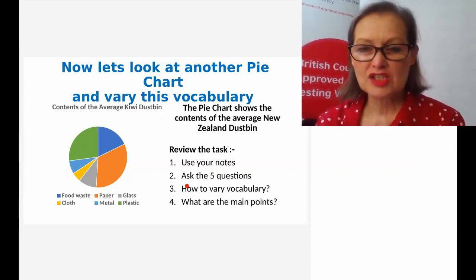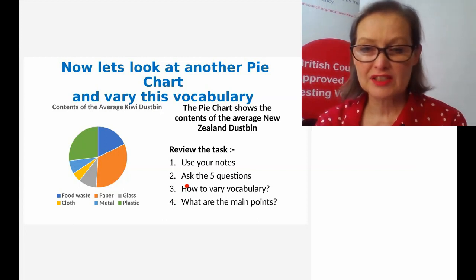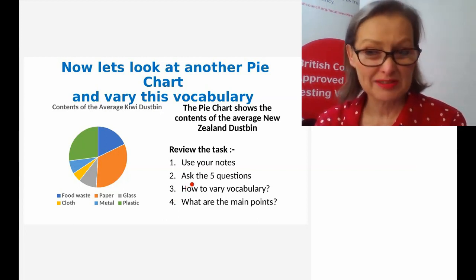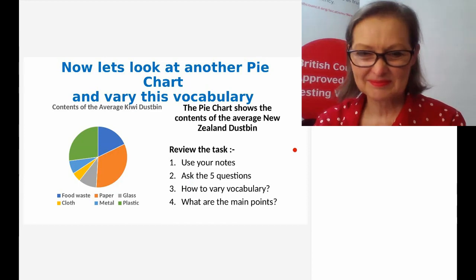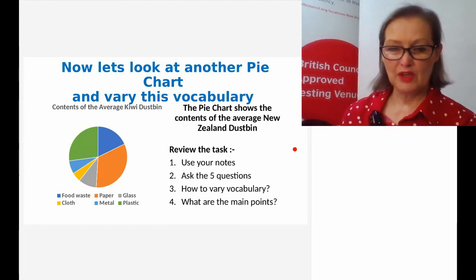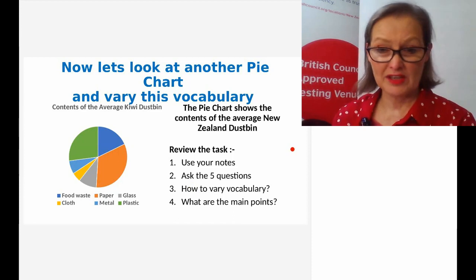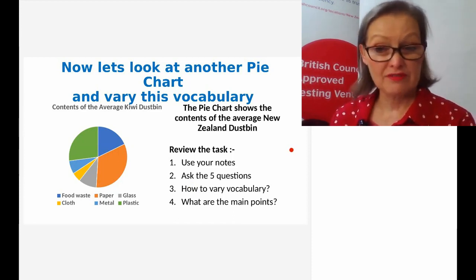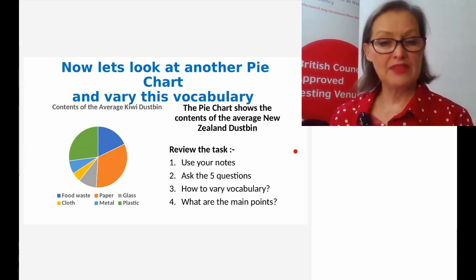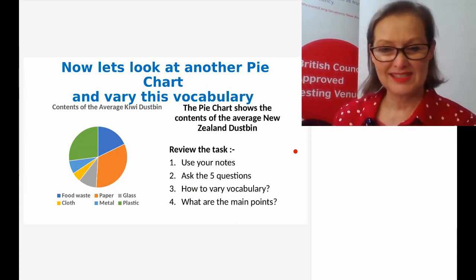The pie chart shows the contents of the average New Zealand dustbin. We're going to review our notes and then ask the 5 questions. And then we're going to look at how to vary vocabulary. And then we're going to look at the main points.